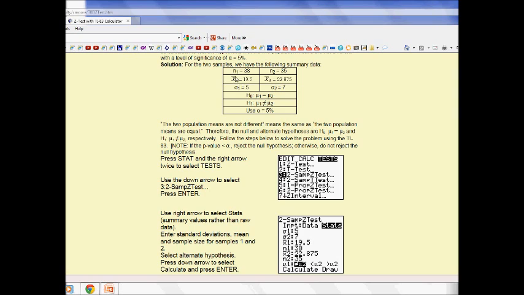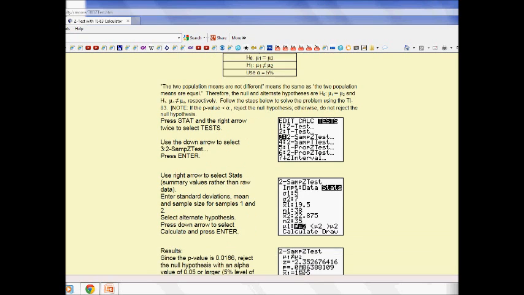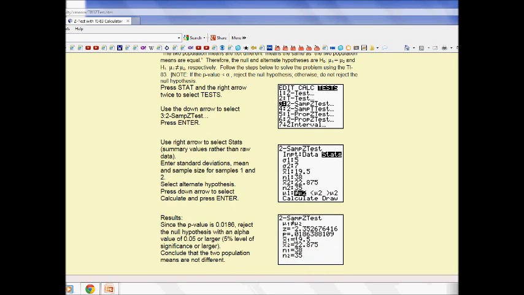Everything from the first sample gets plugged in under the sub 1s, so the sigma sub 1, the x bar sub 1, and the n sub 1. And then the second set gets plugged in under the sub 2, right? In this case it did another two-tailed test. So they selected that one, you hit calculate, and it pumps it out.